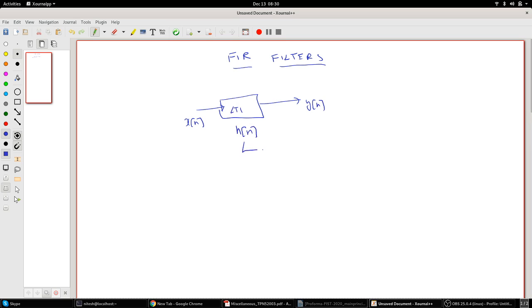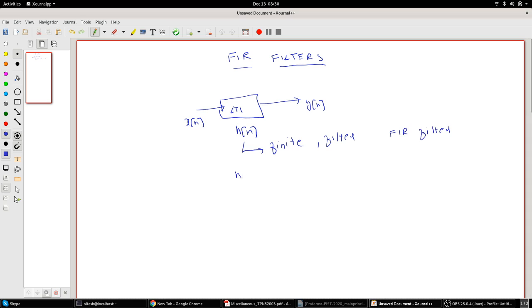Now if this h of n is finite and this LTI system acts like a filter, then it is a FIR filter. So the first thing is it is finite in length.